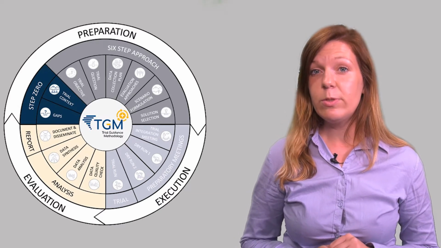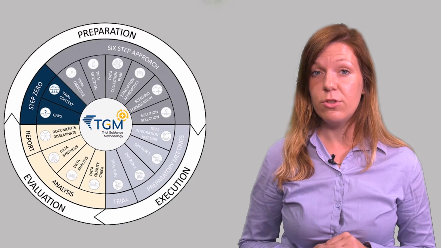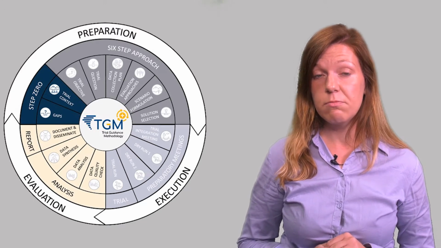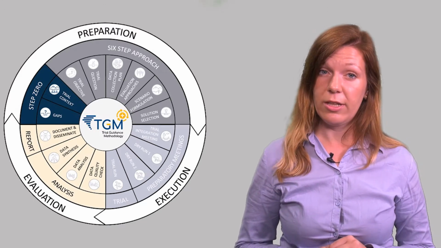In this session, we will talk about a trial versus an exercise. What's the difference? The three dimensions of a trial: identifying a trial context and choosing a relevant gap.